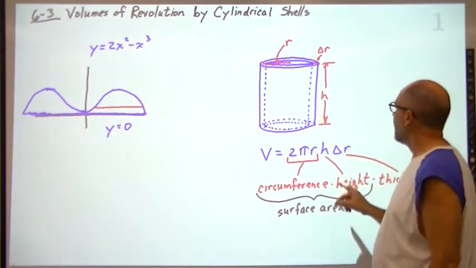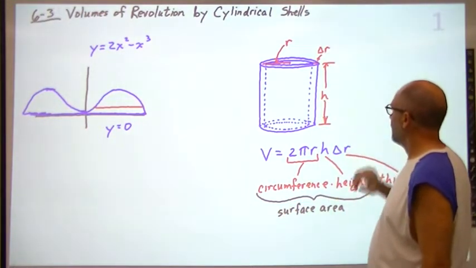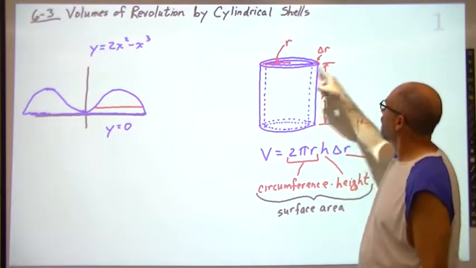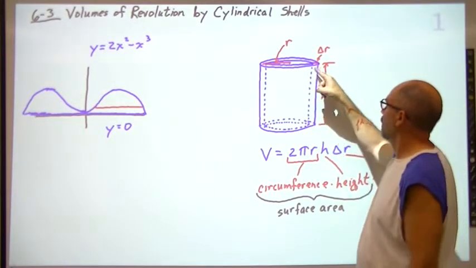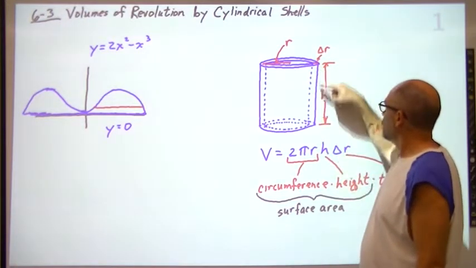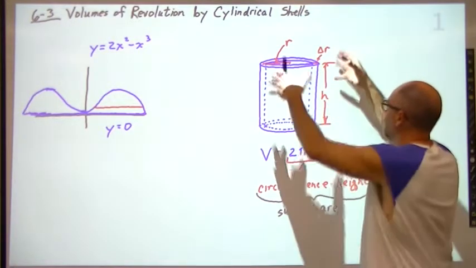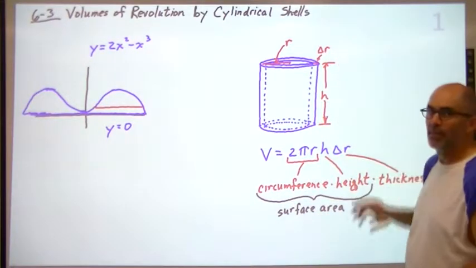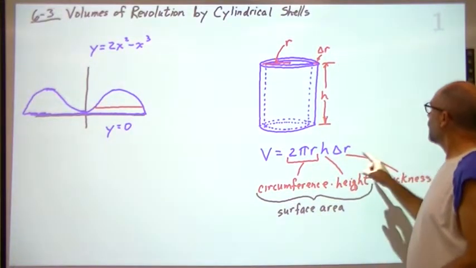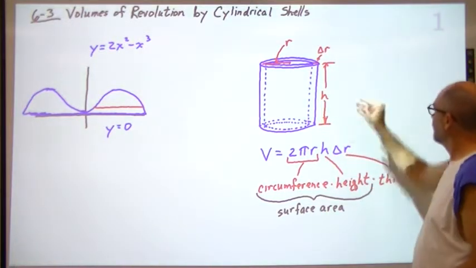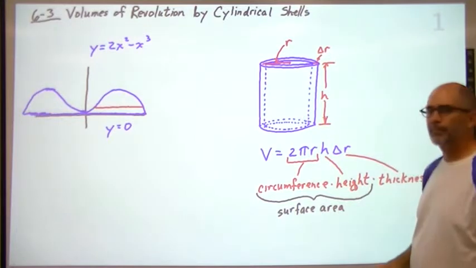So this volume is going to equal 2 pi r, which is the circumference of the shell, times h. Now 2 pi r times h is basically the surface area of the entire shell. And when we multiply the surface area times the thickness, then we get volume.